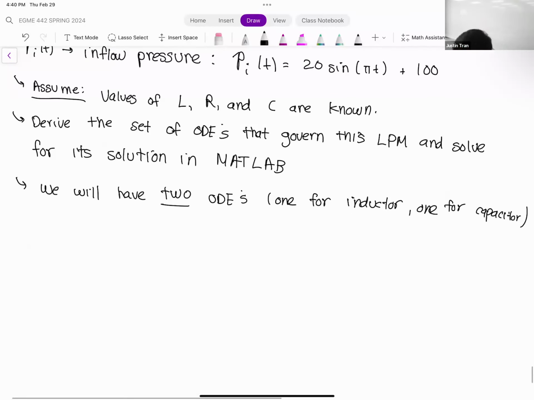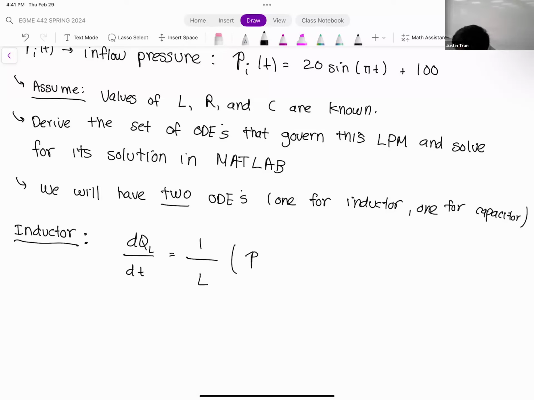So let's start with the inductor. The inductor here is kind of on its own a little bit. If we think back to our equation on the inductor, we know that dQL/dt is equal to 1 divided by the inductance, or 1 divided by L, multiplied by the upstream pressure minus the downstream pressure.